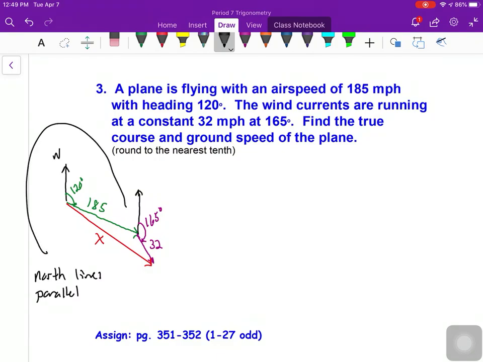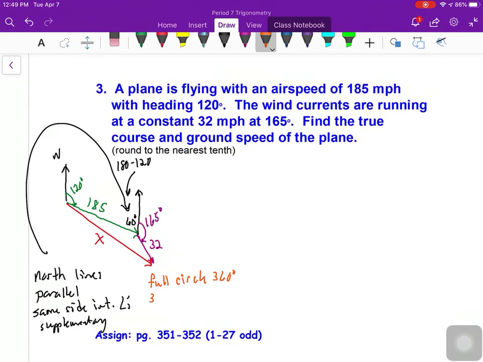The two north lines are parallel. So that tells me that this angle up here is going to be 60 degrees, because same side interior angles are supplementary. Supplementary means they add up to 180, so 180 minus 120.